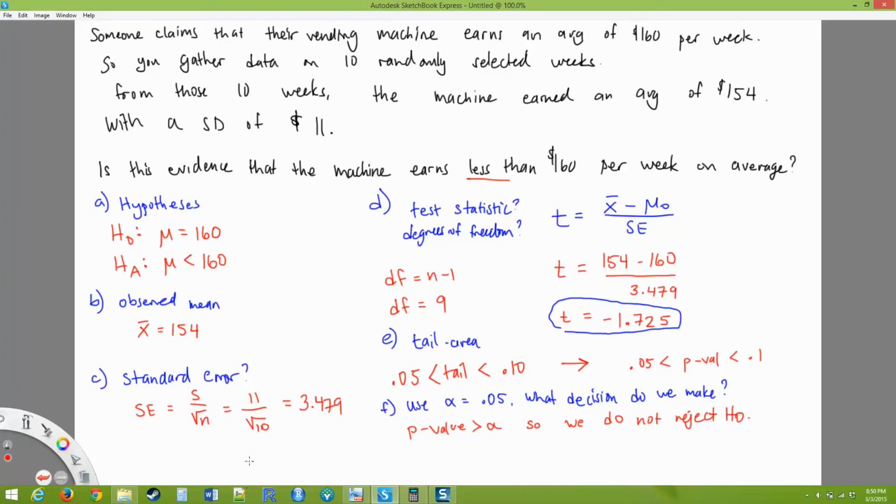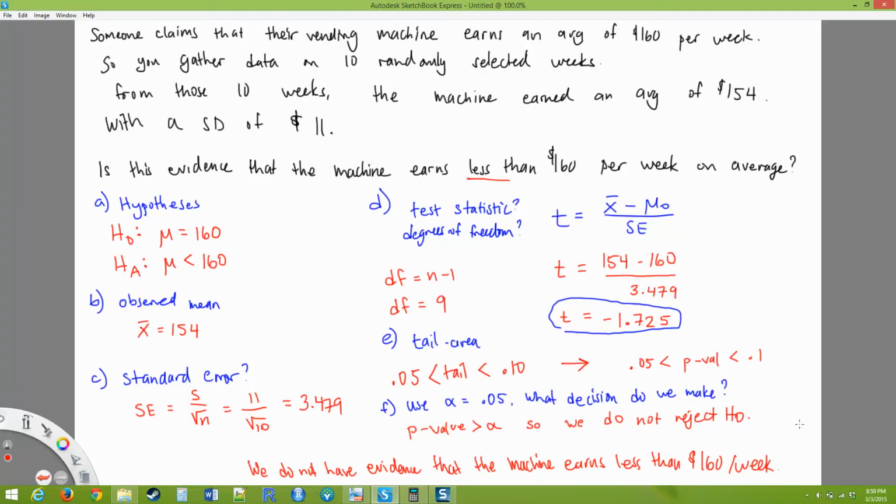No. Okay, we would say we do not have evidence that the machine earns less than $160 per week. Now, does it prove that the machine earns $160 a week? No, it doesn't prove that, but it's just saying you picked 10 random weeks and the average was 154. That's not enough to say it makes less than $160 per week.